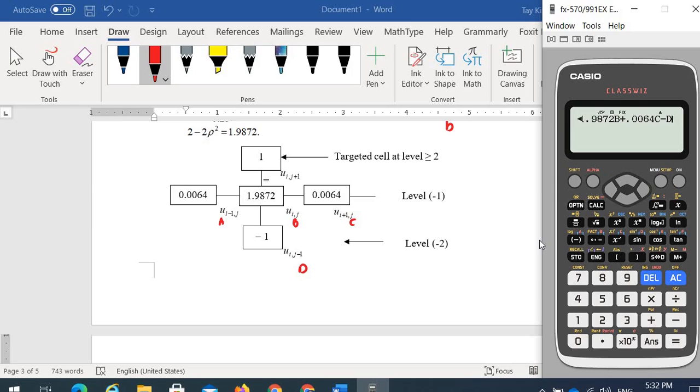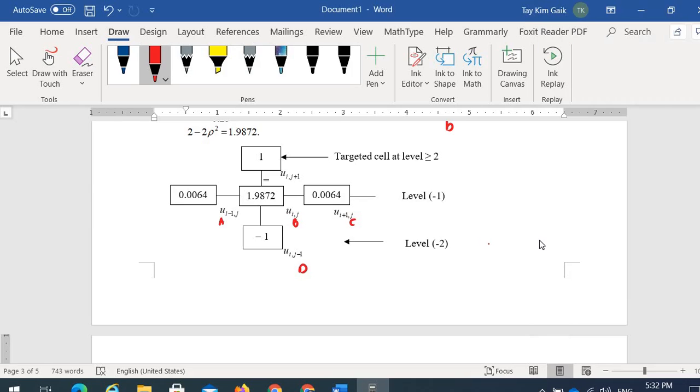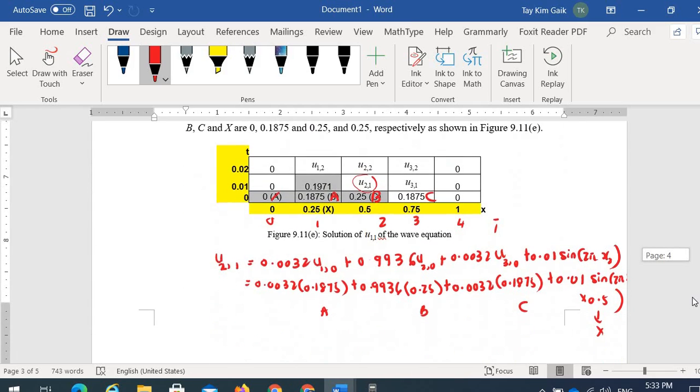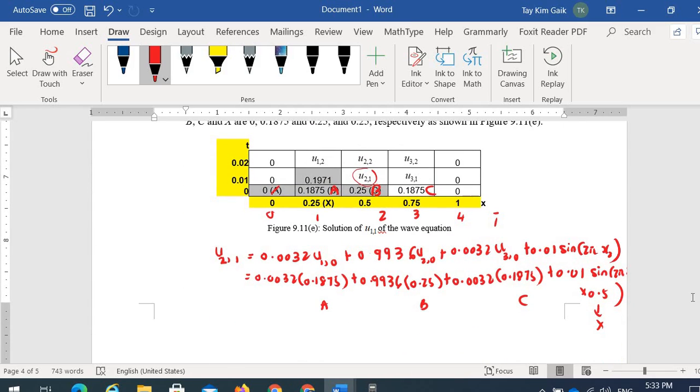Now J is this, 0, 1, 2. U12 depends on 0.0064 times the left bottom, center bottom, right bottom, and in the level minus 1 bit. So I already input the formula.